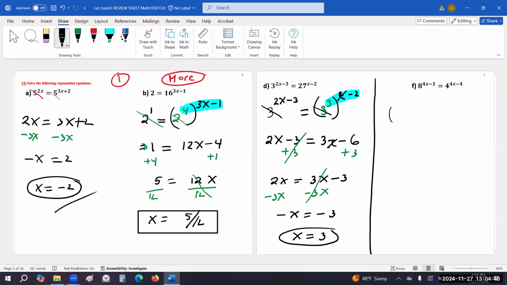How can you rewrite 8? 8 is 2 cubed. And we have 4x minus 1. How can we rewrite 4? 2 squared. And now we have the same base.